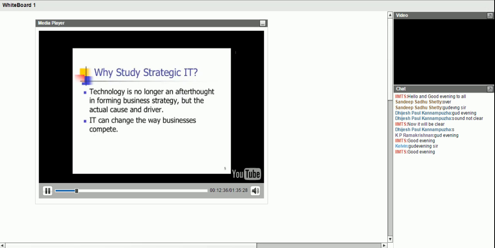But yeah. So IT can also change the way businesses compete, because we're focusing on the strategic advantage that IT provides. When you talk about strategic advantage, you've got to break it out into a couple different categories. The first and utmost importance is revenue, I would hope.